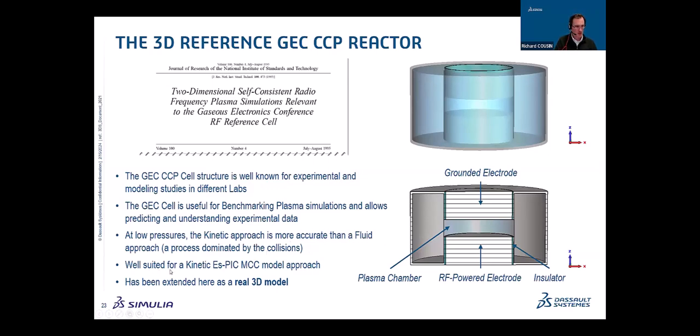So this is well suited for a kinetic approach using the ESPIC solvers with the Monte Carlo model. And then we can now try to perform these simulations no more in 2D, but in a full 3D model. You will see that in a real 3D approach, we can capture some physical effects that we are not necessarily able to see in 2D.